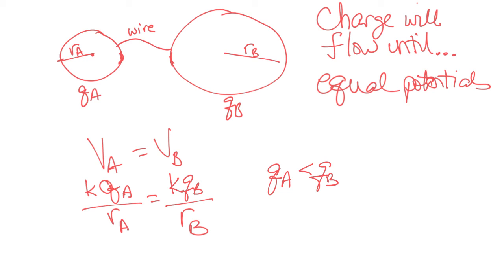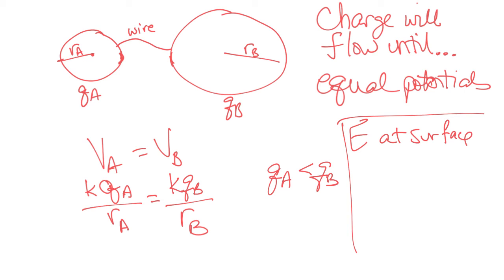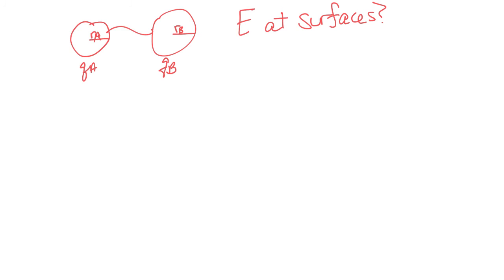What about the electric fields at the surface? Think about that. Who has a bigger electric field? This one's a little bit fun to think about. The electric field at the surface of a sphere is just in general K times its total charge divided by the radius squared.